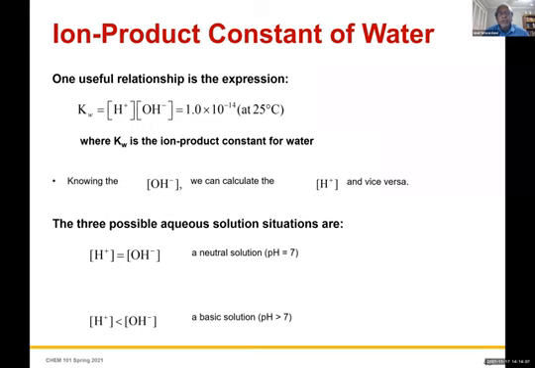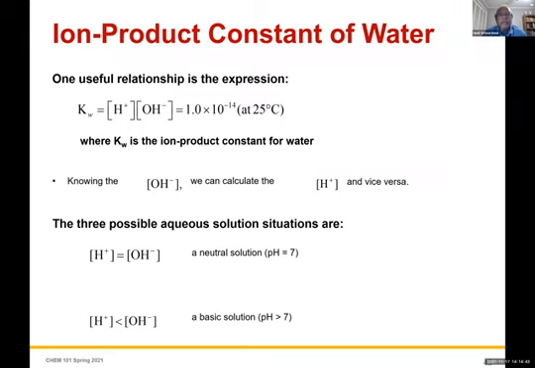Therefore, neutral water contains 1 times 10 to the negative 7 hydronium ion plus 1 times 10 to the negative 7 hydroxide ion. When you multiply these two numbers, 1 times 10 to the negative 7 by 1 times 10 to the negative 7, you get 1 times 10 to the negative 14, which is called the ion product constant of water, Kw.